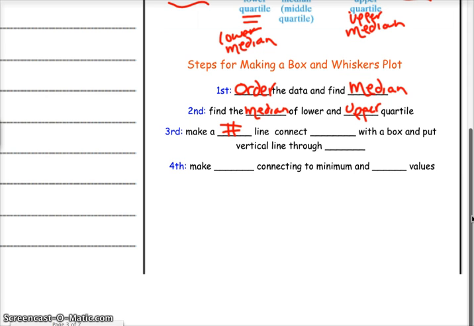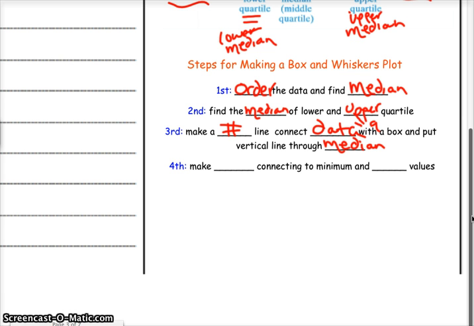You're going to connect the data, or the quartiles, with the box, and put a vertical line through the main median.